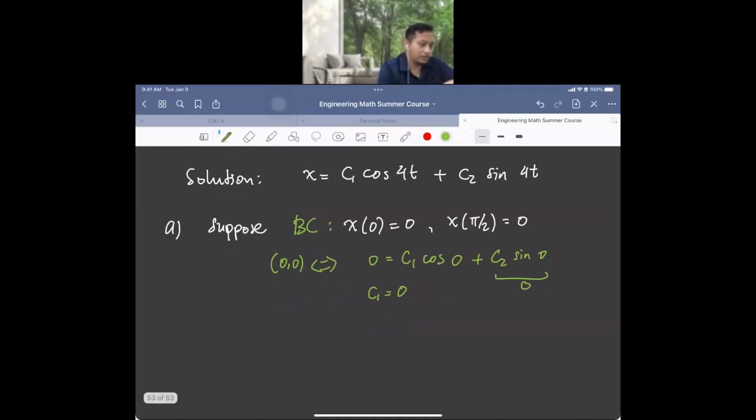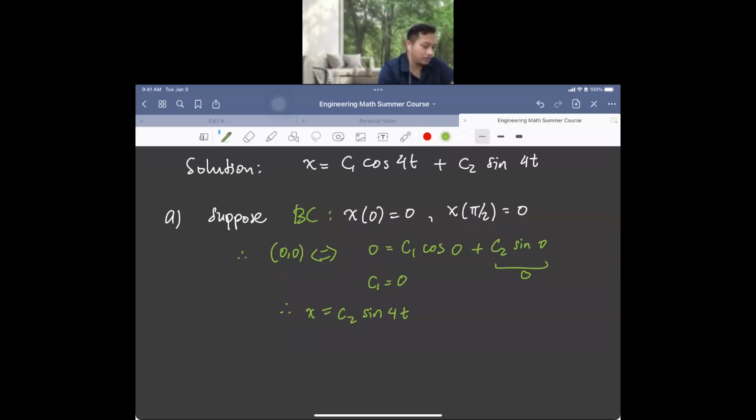This implies that x is c2 sine 4t. But when it's pi over 2, x is 0, so 0 equals c2 sine 2 pi.